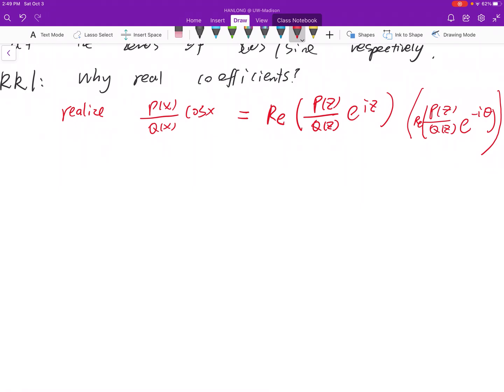If P and Q have coefficients that are not real, then when you take a real part, you have a different value. It holds if P and Q have real coefficients.